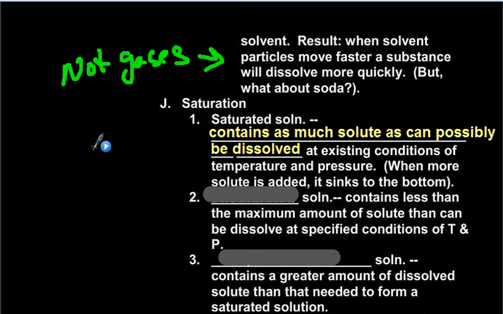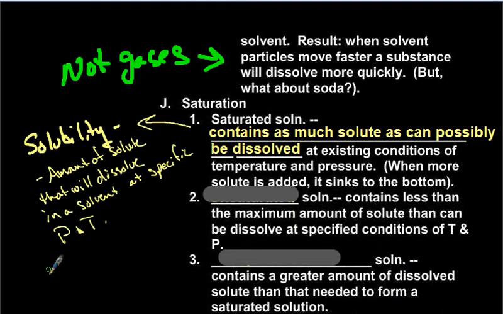Now, we already have a term for the amount of solute that you would need in order for it to reach saturation. It is called solubility. It is the amount of solute that will dissolve in a solvent at a specific pressure and temperature. So we talked about solubility earlier.